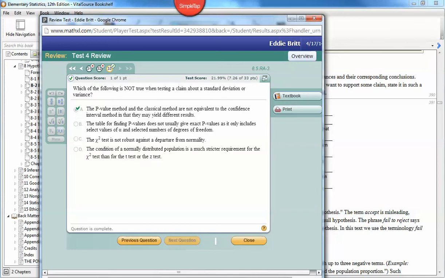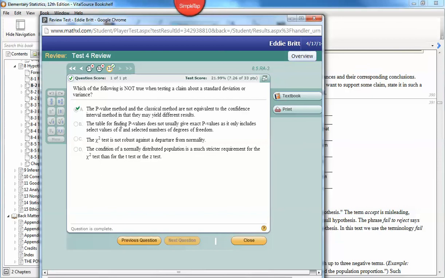And the last question, which of the following is not true when testing a claim about the standard deviation or variance? Let's go from the bottom up. The condition of normally distributed population is much stricter requirement for the chi-square test than the t-test or z-test. Yes. The chi-square test is not robust against a departure from normality.